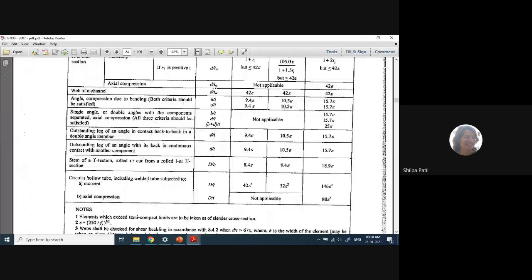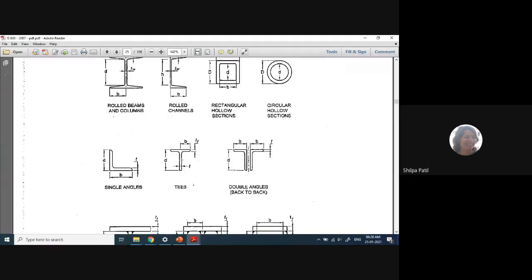Next is outstanding leg of an angle with its back in continuous contact with another component. This is applicable for single angle only, and the previous one is applicable for the double angle sections. Then stem of a T section, rolled or cut from a rolled I or H section. This is called the stem of the T section.